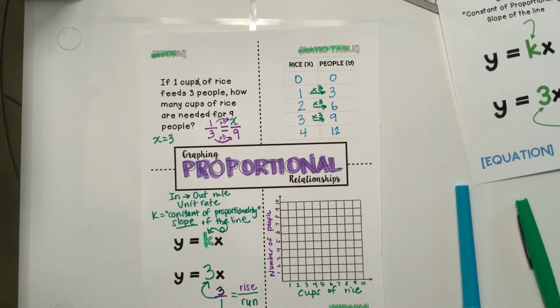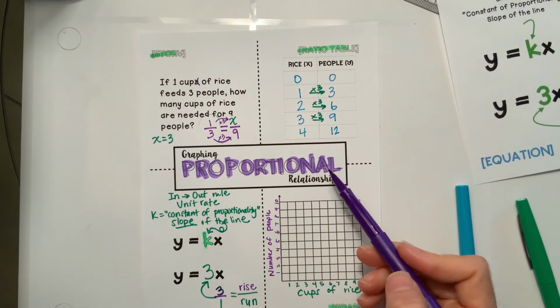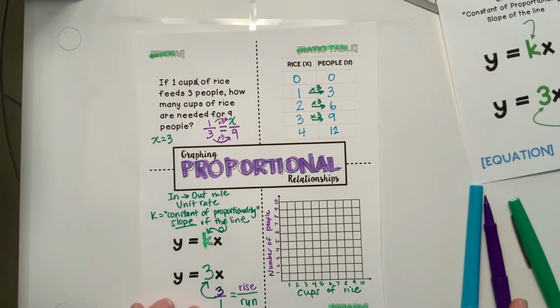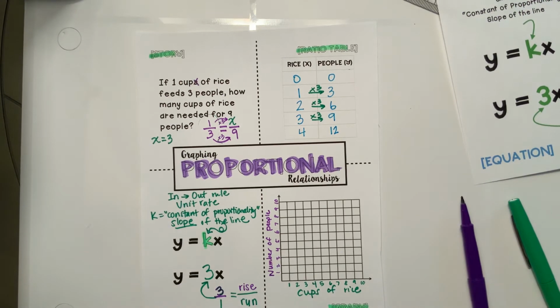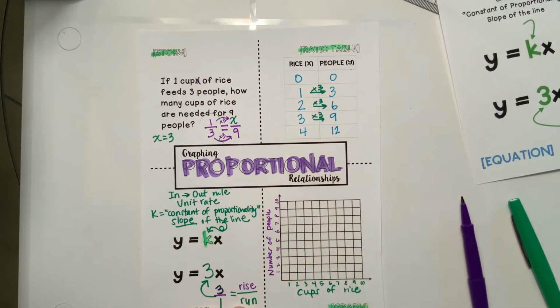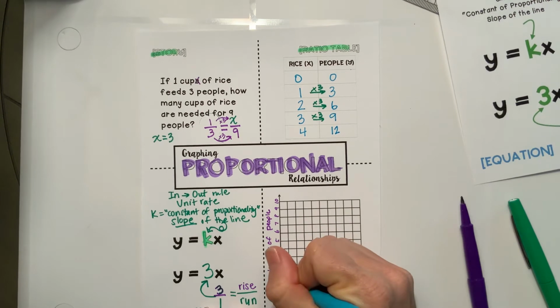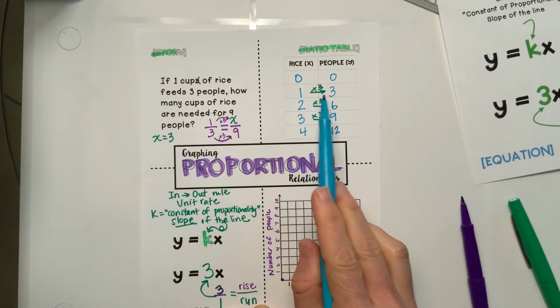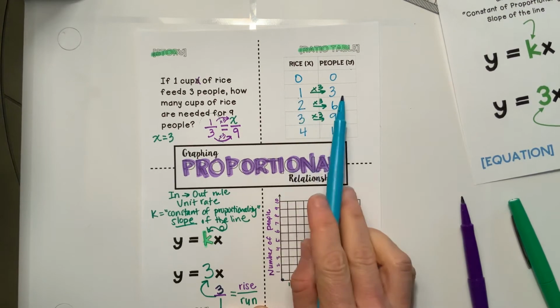And now I am going to start plotting these points and using this equation to draw my line, or to show that proportional relationship. All right, so first of all, I can see that it starts at the point 0, 0. Every proportional relationship will start at 0, 0. Then we are going to plot the first coordinate pair, 1 and 3.